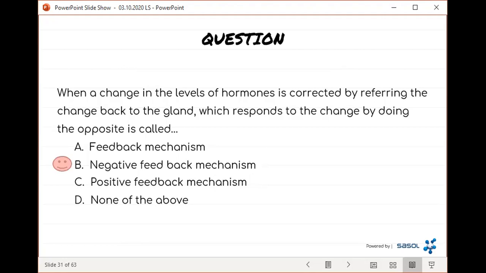The answer is B, negative feedback mechanism. That is what we have been dealing with in the previous slides.